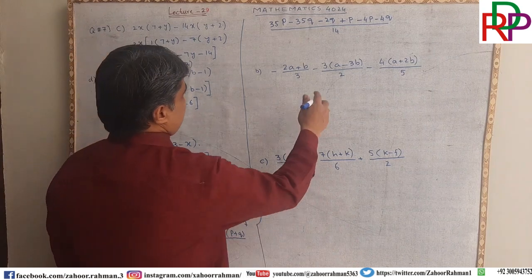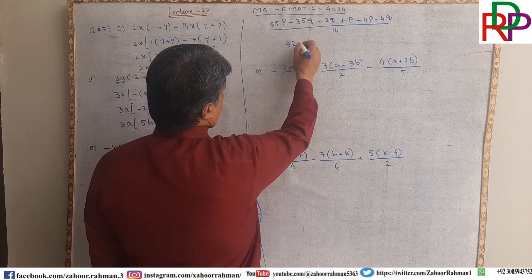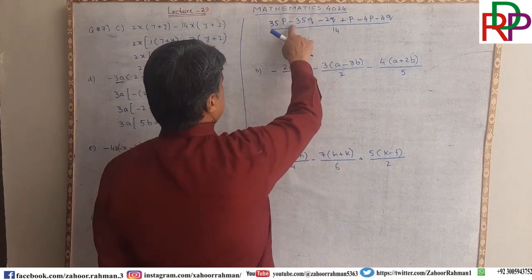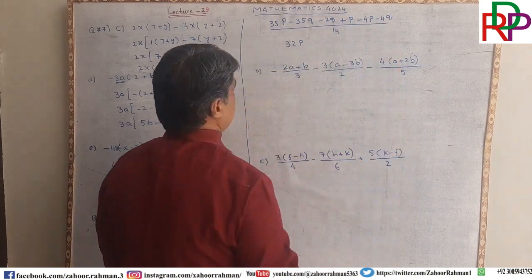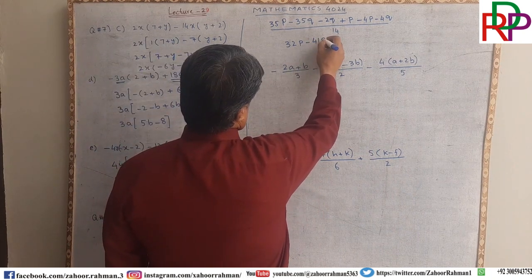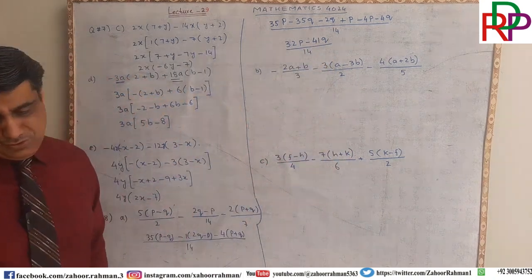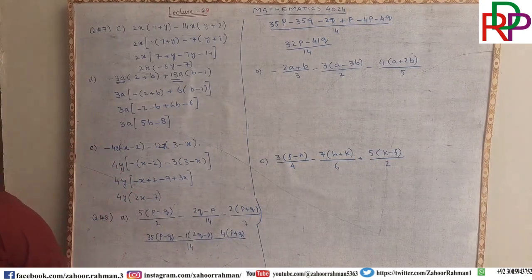So 36 minus 4 is 32p. And then for q, minus 35 minus 2, so minus 37, and then minus 4, so minus 41q, divided by 14. So this is the ultimate answer of this part, which is A.